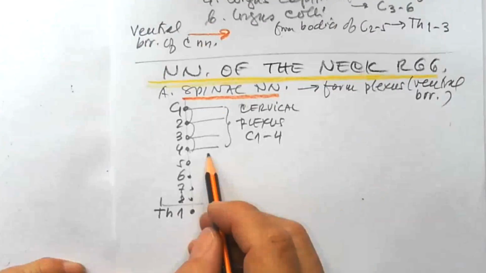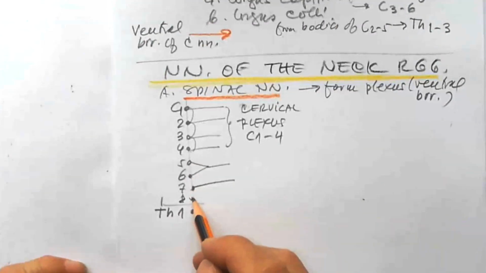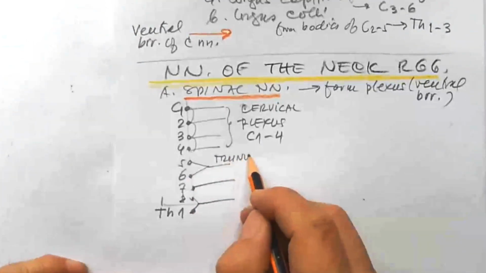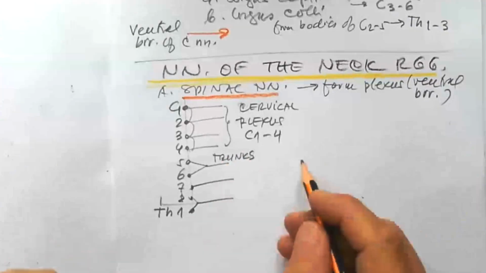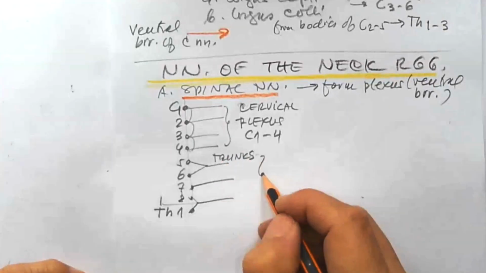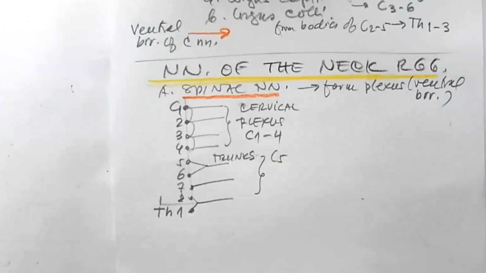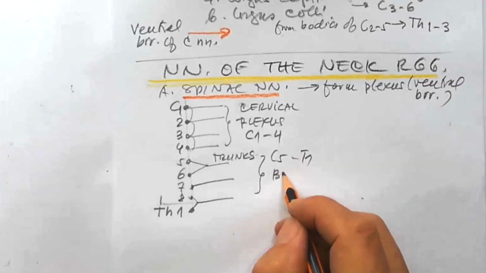Then the other ones join together, forming three trunks. You see, they are trunks. They pass through the interscalenic fissure, and these trunks, that means C5 to T1, form the brachial plexus.